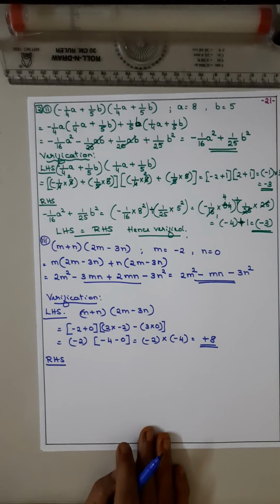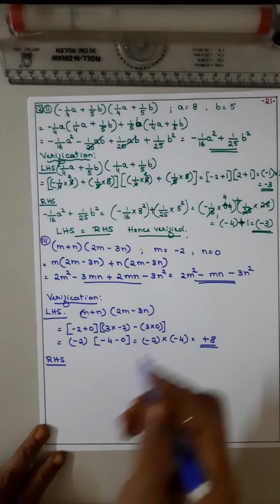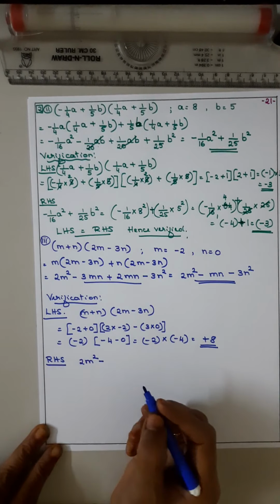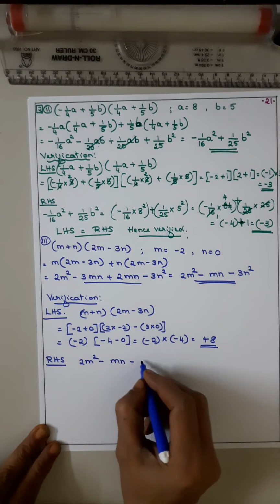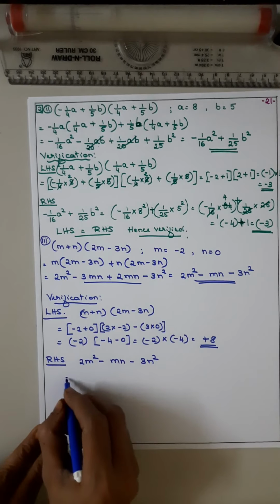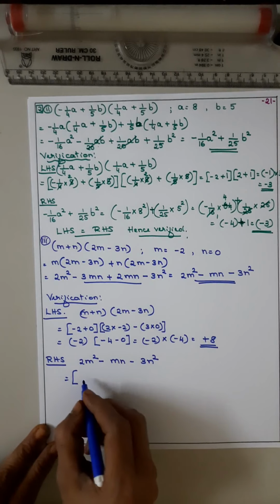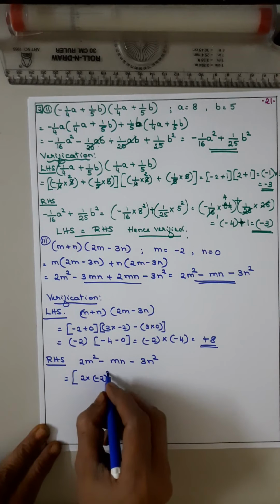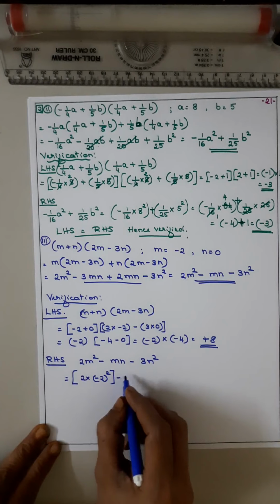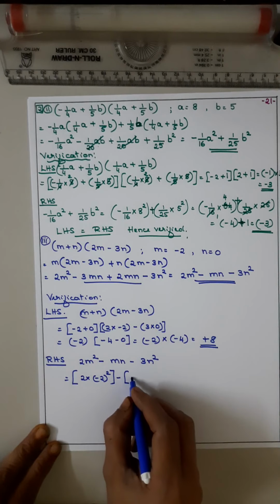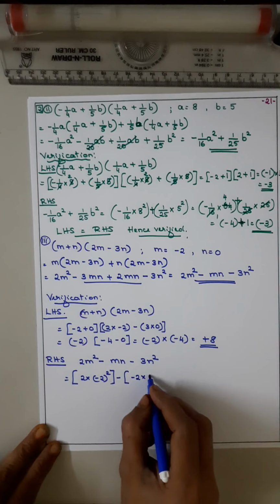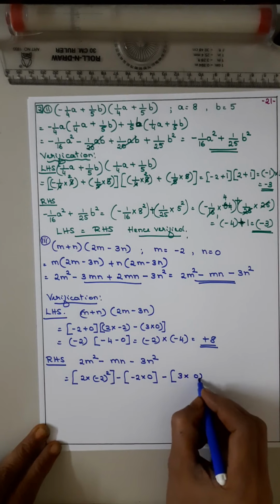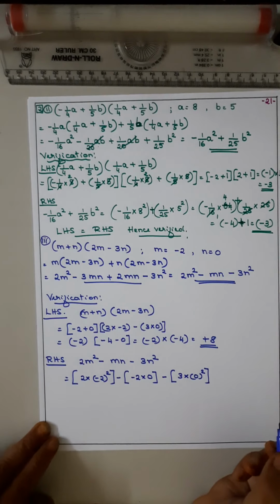सबको समझ में आ रहा है? चलो क्वेश्चन लिखेंगे. It is 2m squared minus mn minus 3n squared. Okay, bracket open, 2 into m is minus 2 squared, bracket close, minus m is minus 2 into 0 minus 3 into 0 square. Okay.